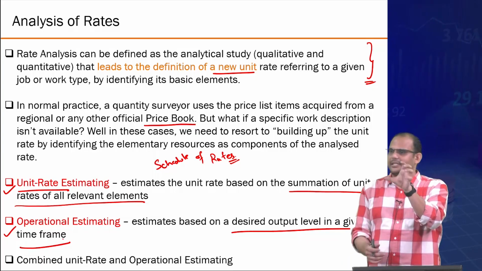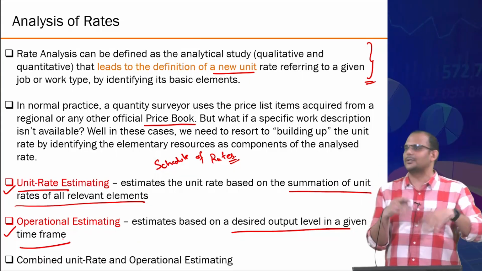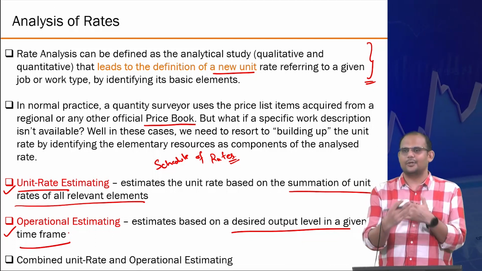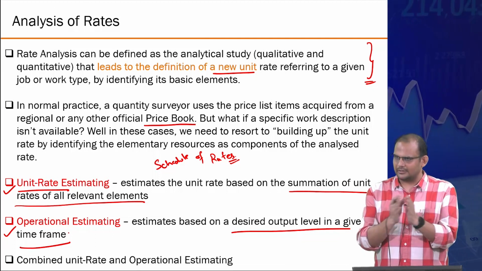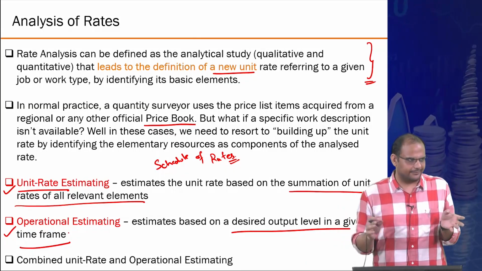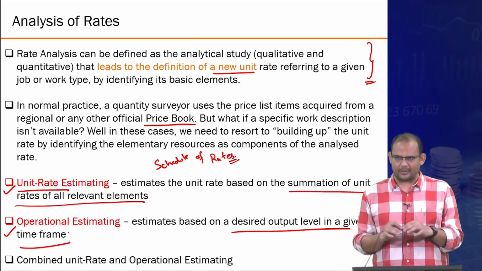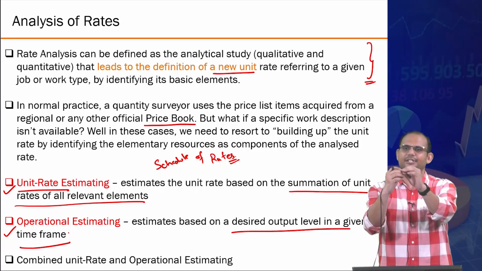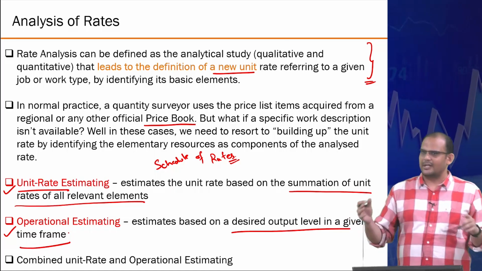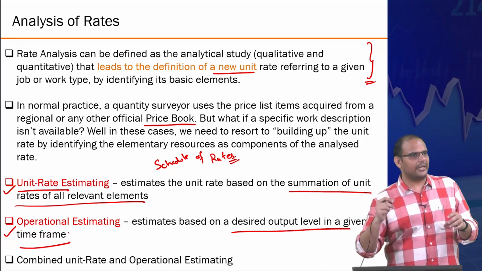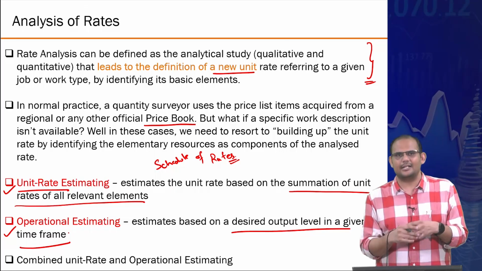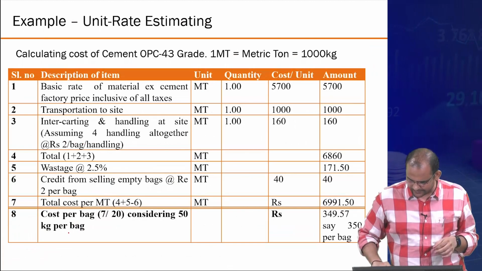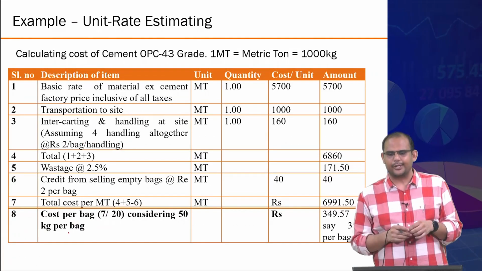So this information, the productivity related information, is also essential. This is called operational estimating, and typically you combine both of them in the measurement of anything, and I'll show you an example of all the things. But you got the basic idea. One is just simply a summation of the cost in proportion, the other relies on productivity related norms. But what we are saying is that in reality, you need to do both. There's no one way about it. Alright, so let me give you an example of unit rate estimating.